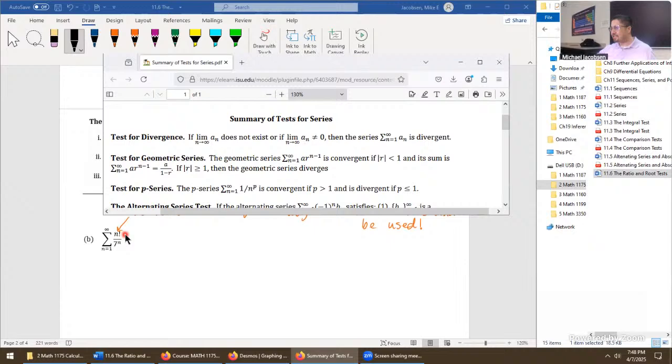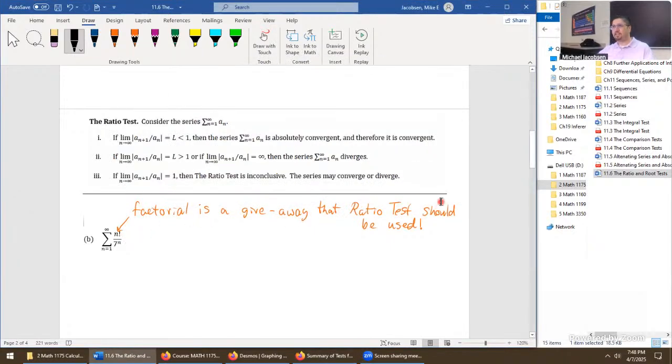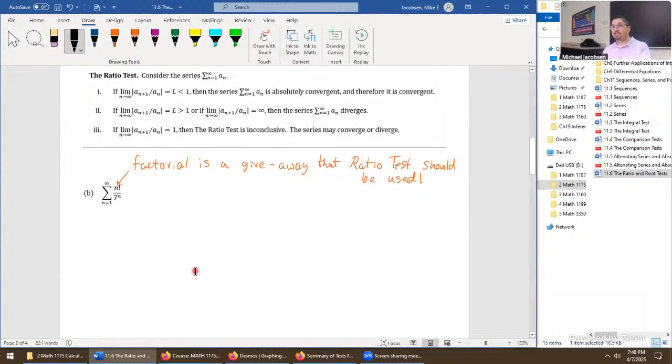You can extend the factorial function to something called a gamma function, which is a continuous version, and it does give the factorial on the integers. But now we're getting extra complicated on something that ratio test is just going to run right through, no problems whatsoever. So again, even if you think that test for divergence could work, that's still a harder test. That's kind of weird, only because of factorial being in the picture.